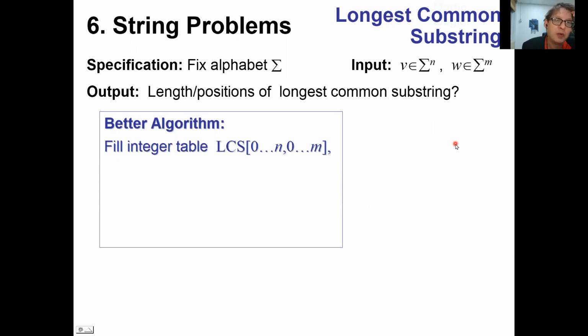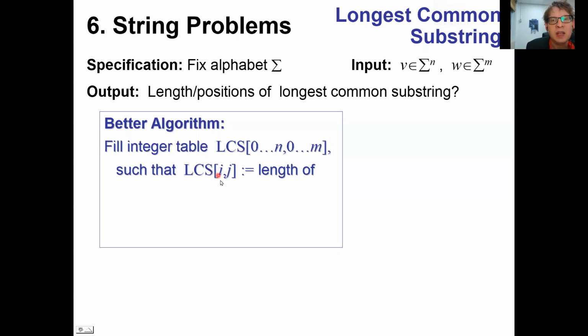We're supposed to output the longest common substring of the two input strings, and the idea is to solve this problem first for initial segments of these input strings and to gradually grow the solution for the initial segments of these strings. So here's the idea.